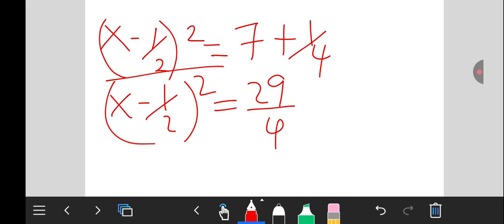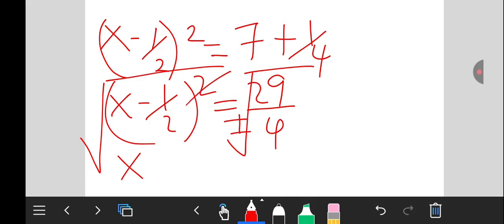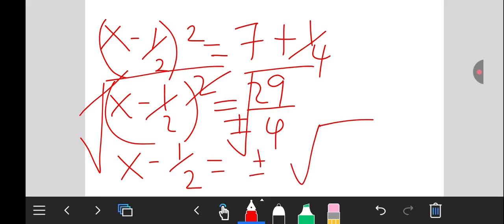Then we can find the square root on both sides. We know that the result from a square root can either be positive or negative. So the square and the square root cancel, and we have x minus 1 over 2 is equal to positive or negative root of 29 over 4.